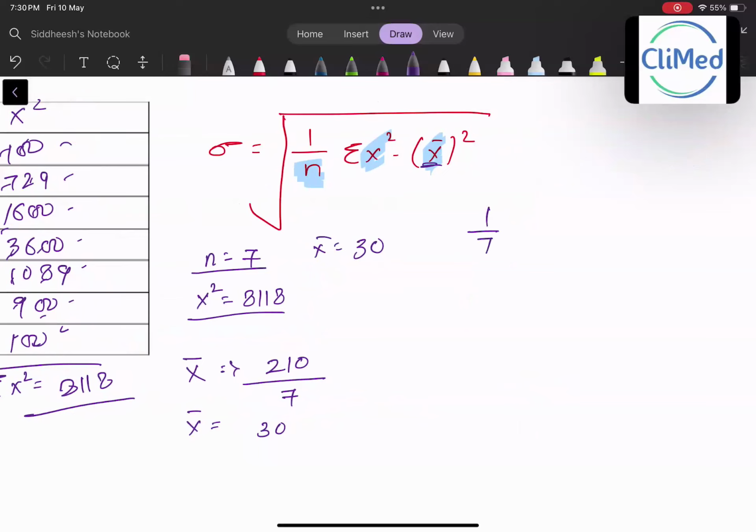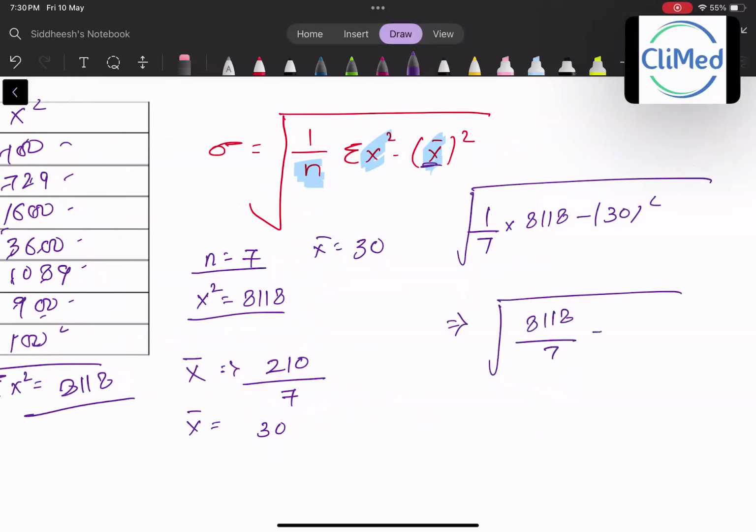So 1 upon 7 into 8118 minus 30 square, whole square root. Simple maths we are doing now. What we are getting is around 1157, sorry, 9 minus 900.